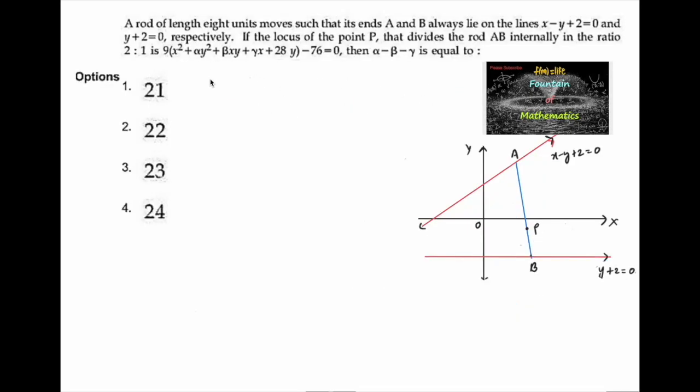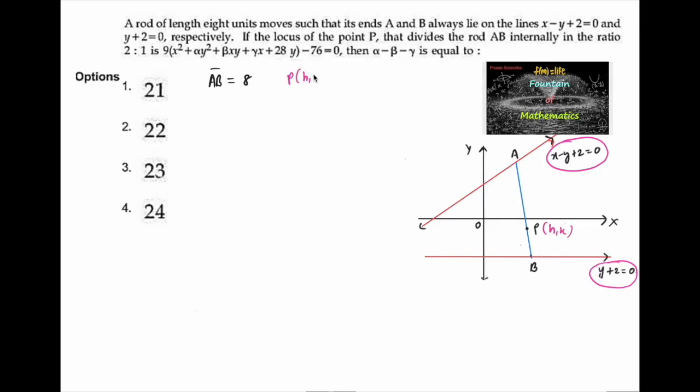Given a rod AB of length 8 units, it moves such that its ends A and B always lie on the lines x minus y plus 2 is equal to 0 and y plus 2 is equal to 0 respectively. And the locus of the point P, let us consider h comma k.